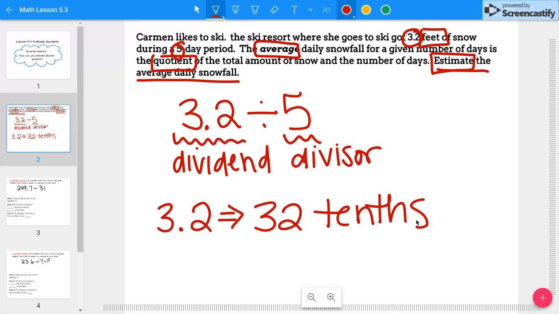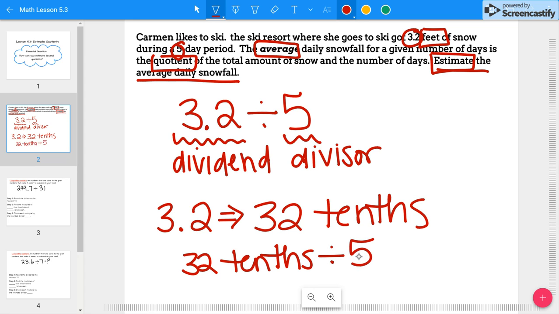So now I want to think of a number that divides by a 0 or a 5 because I'm going to keep this divisor as a 5. I'm going to keep that by itself. So now I'm saying 32 tenths divided by 5. So what could I turn 32 into where I could use compatible numbers, an easy math problem in my head?